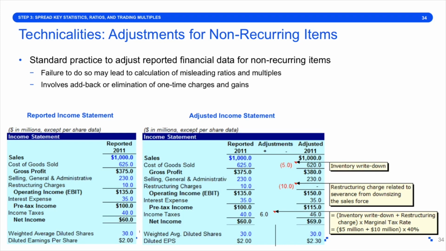But basically, you end up saying, look, my net income is really not 60, but 69. Please notice that I have eliminated costs by 15, but my net income goes only up 9 because I pay more taxes. And so my net income goes up, my earnings per share goes up, etc.